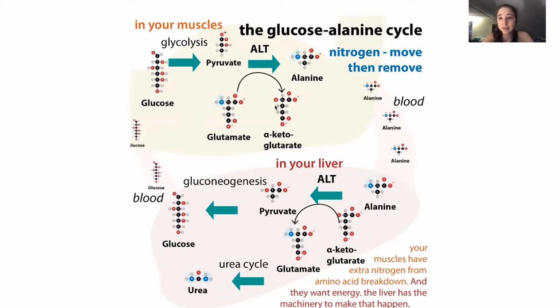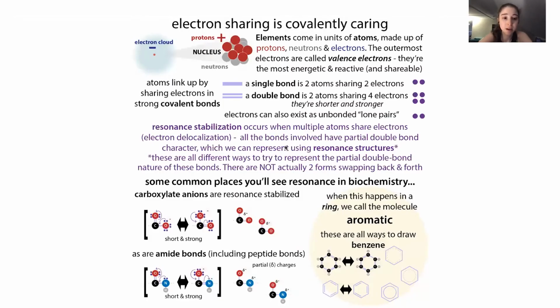We talked about the glucose alanine cycle with alanine, and how you can remove the amino group from amino acids in your muscles, and then it can come through the blood as alanine into the liver, where it can get passed off and excreted safely as urea. This is the pass off of amino groups from glutamate to pyruvate, then from alanine to alpha ketoglutarate. Basically, this is happening with this ALT enzyme.